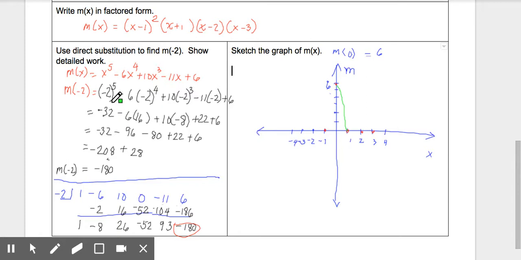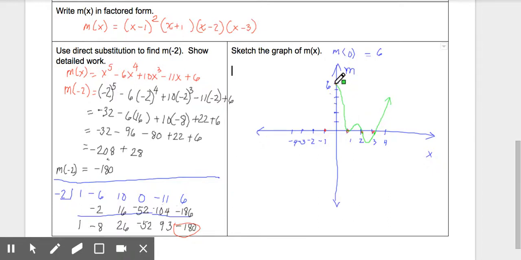And then since 1 is a double 0, the graph will bounce here, but needs to come back. 2 is a single 0, so it's going to cross the x-axis there, come back for 3, and 3 is a single 0, therefore it's going to cross the x-axis.